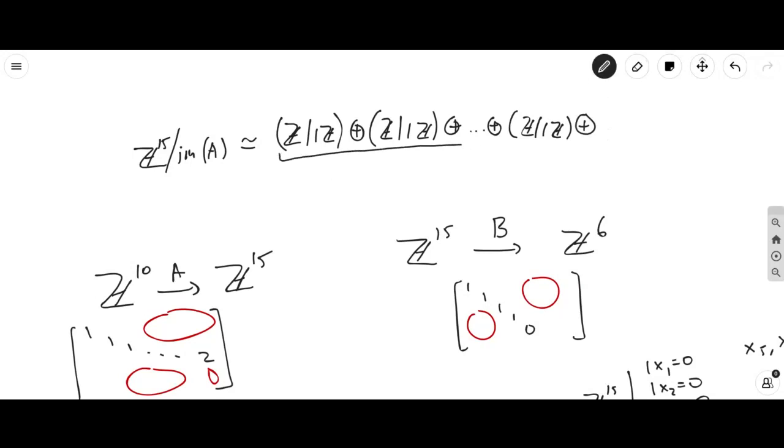You have 9 of these factors, then you have Z mod 2Z.